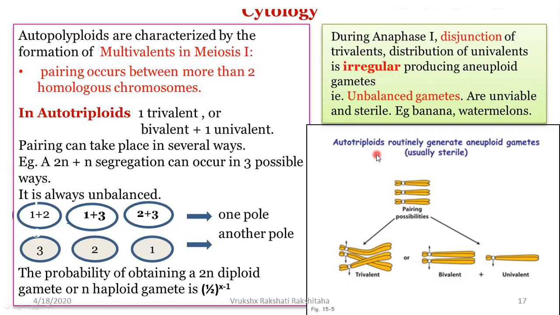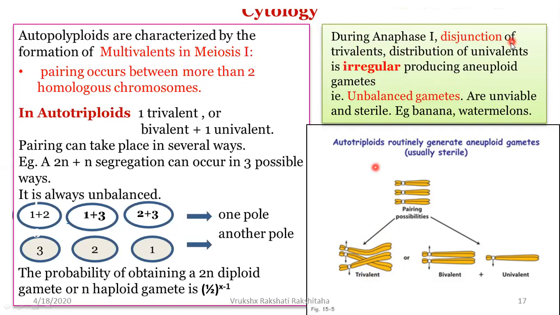What do we mean by this? During anaphase I, out of these three chromosomes, these two chromosomes may move to one pole and this one may move to the other pole.